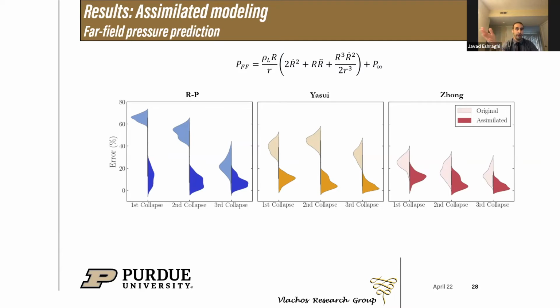Nevertheless, assimilation of measurements with Rayleigh-Plesset results in more than 80% improvement in the estimation of far-field pressure. And even though Yasui has the best performance in predicting the far-field pressure, integrating measurements into this model can improve the estimation by at least 50%.